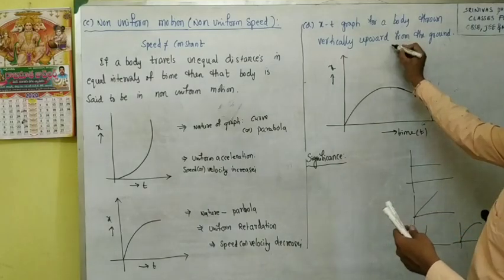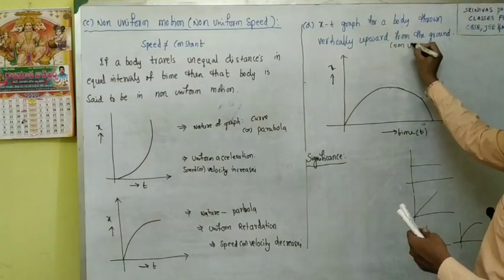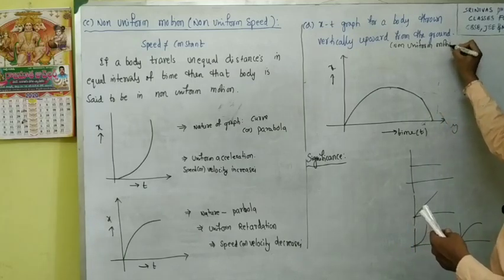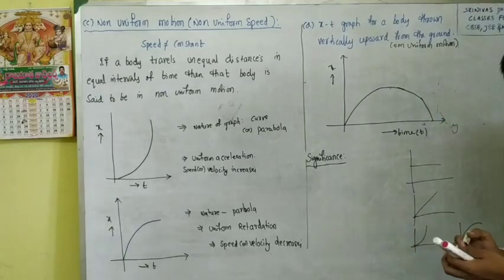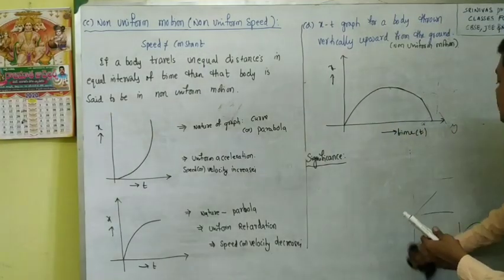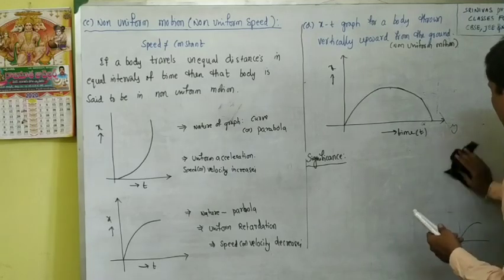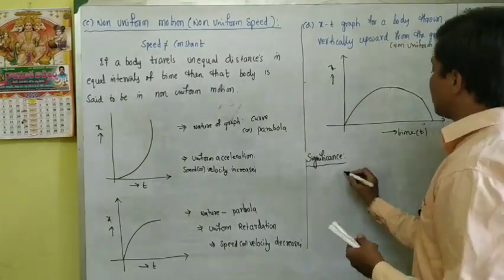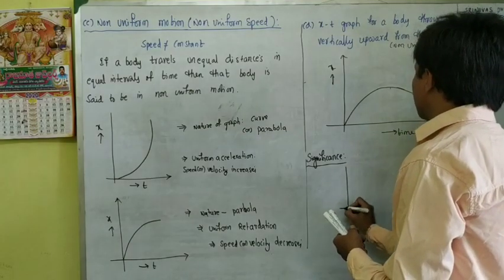This is also non-uniform motion. Why non-uniform motion? While going upward, speed is decreasing. While coming downward, speed is increasing. Means speed is changing, so it is non-uniform motion.